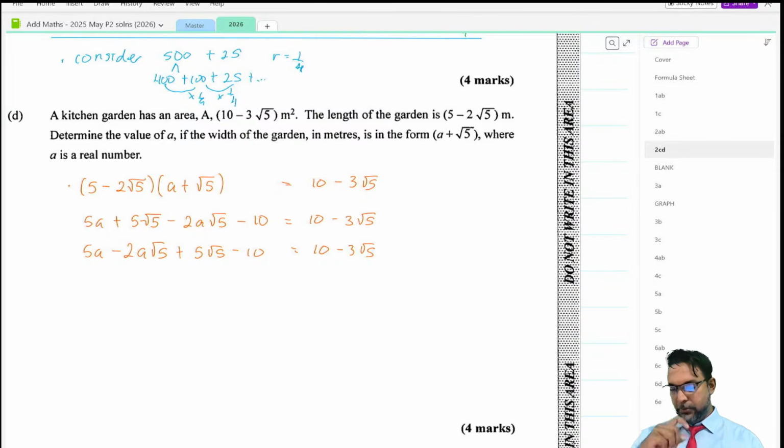I want to get a by itself because I want to solve for a. So let's move the 5 root 5 and the minus 10 across first. But if you want, you could factor out the a here and get 5 minus 2 root 5.